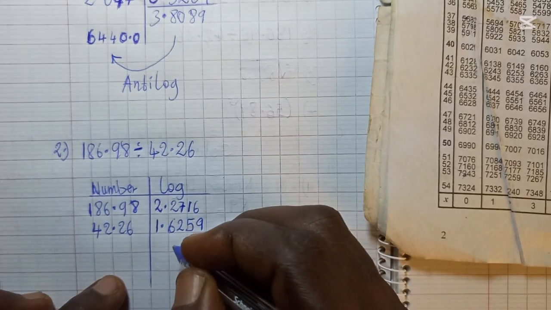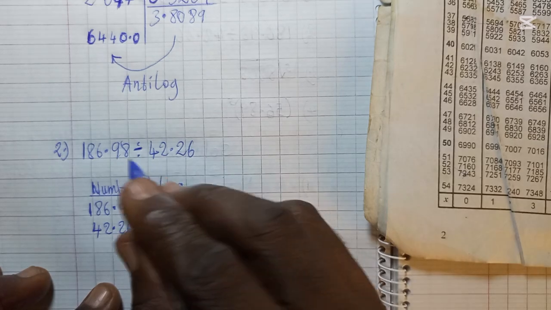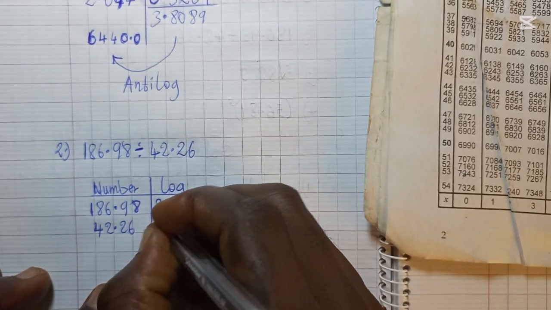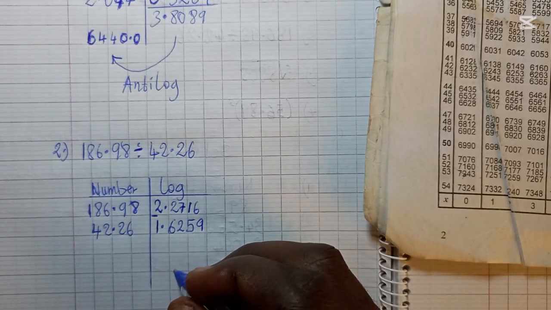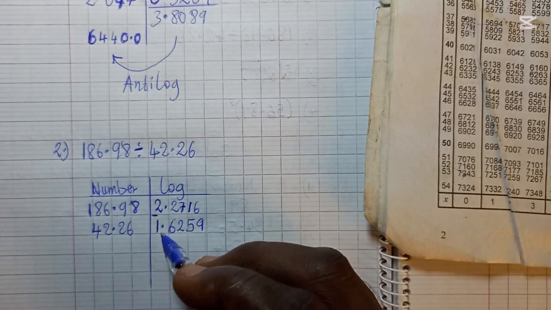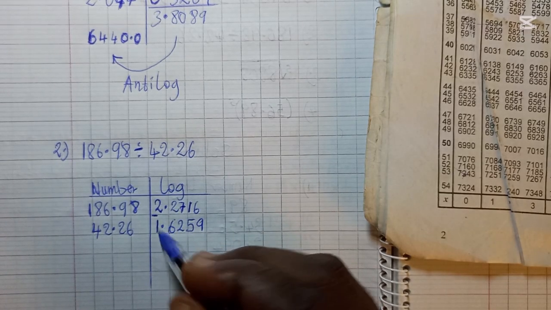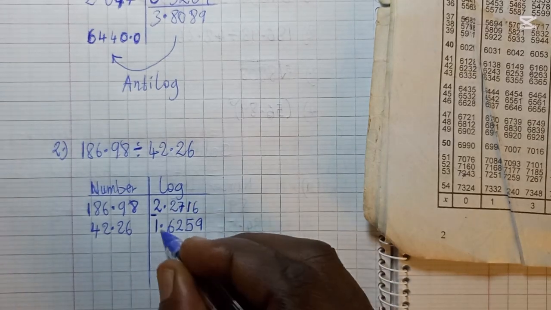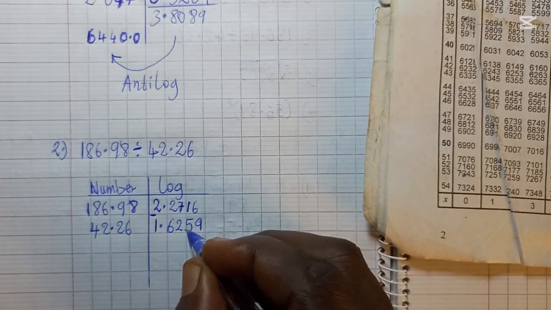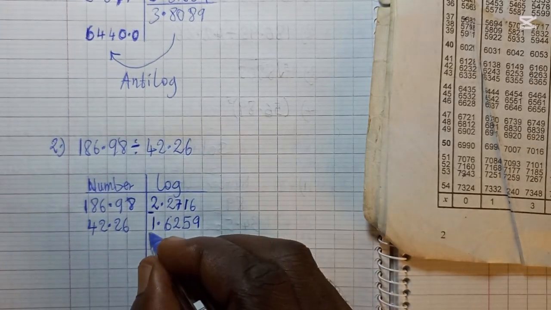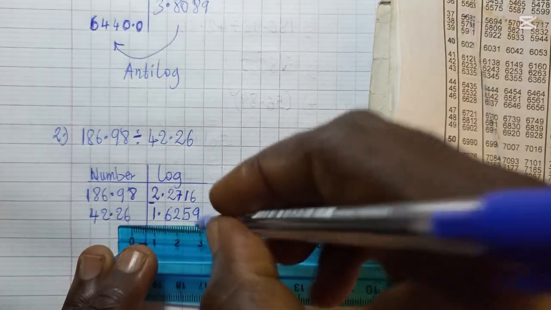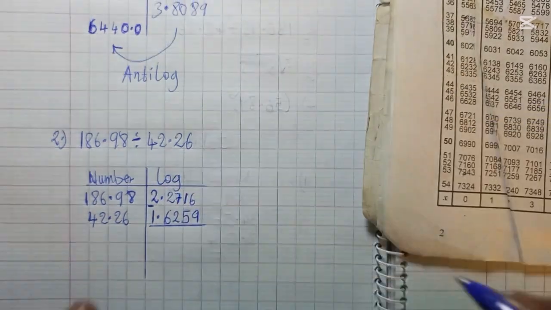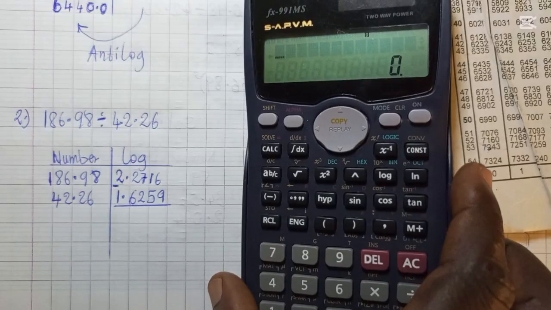Now since we are dealing with division here, we are going to do subtraction. We are going to subtract their logs. So 2.2716 minus 1.6259.